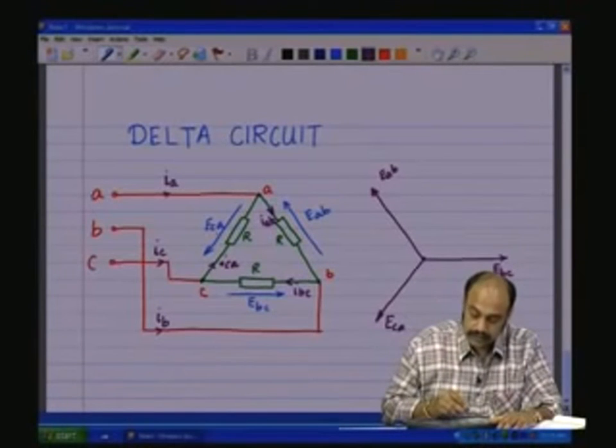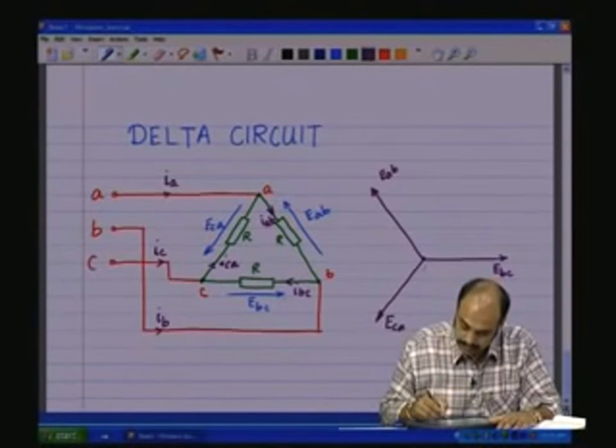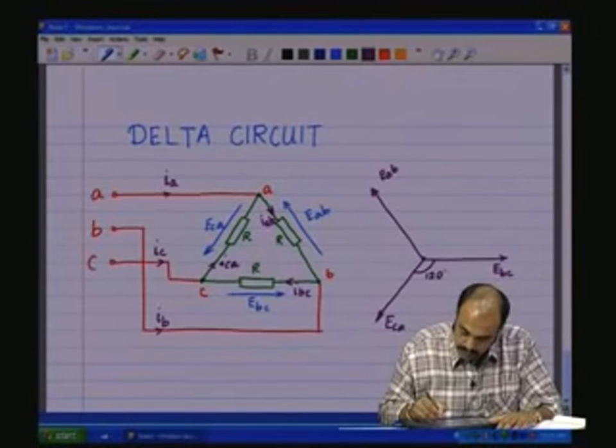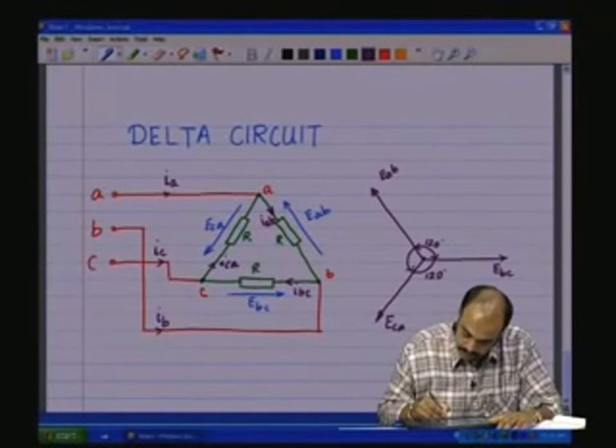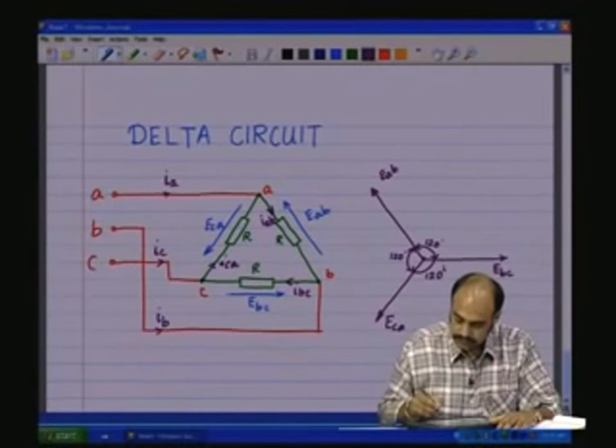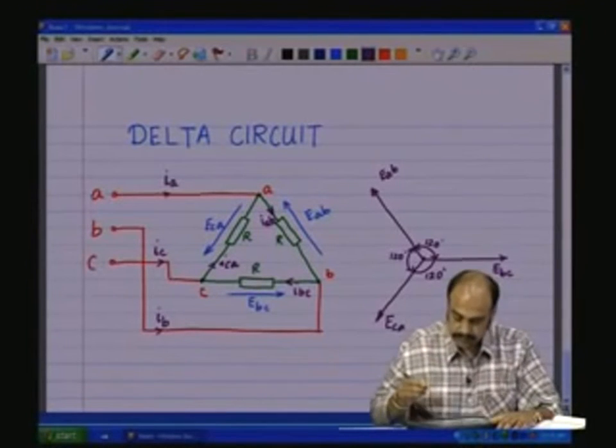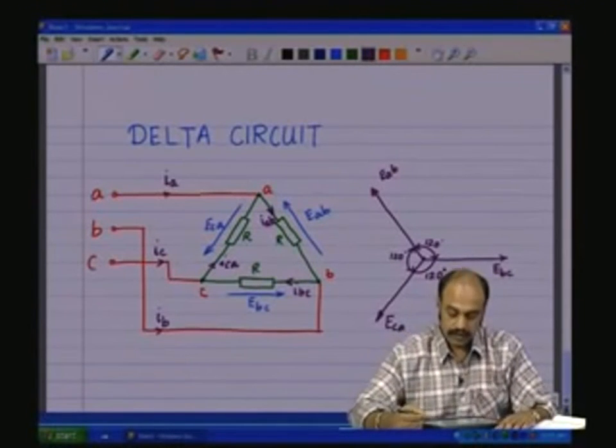So, we have the 3 line voltages drawn here and they are all, as you know, 120 degrees phase shifted with respect to each other. That is the characteristic of 3-phase circuit, 3-phase systems.